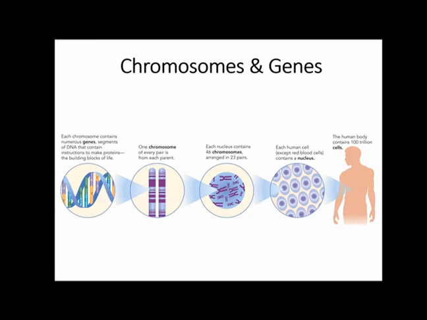So the order of those bases determines our genes, and the genes are specifically going to code for, or give us instructions for, making particular molecules. We're going to call those molecules proteins, and proteins are the basic building blocks of life.